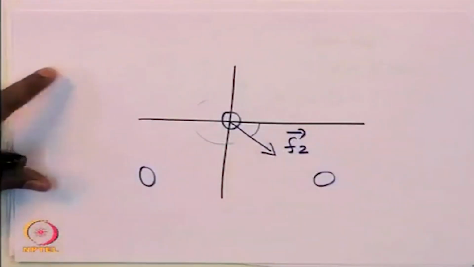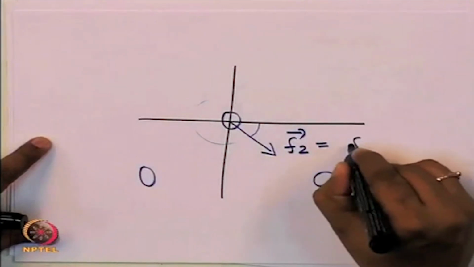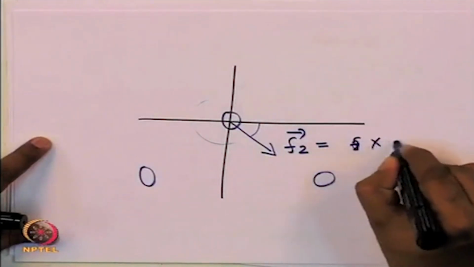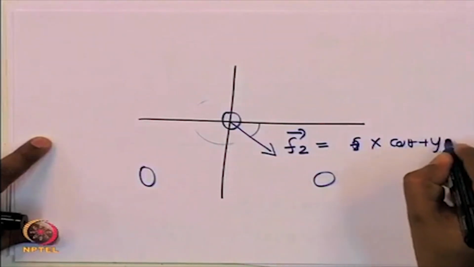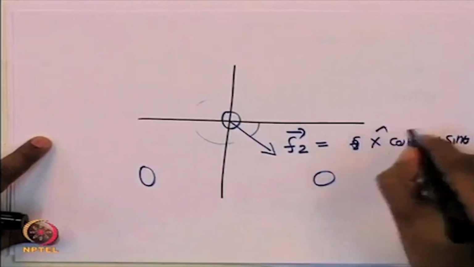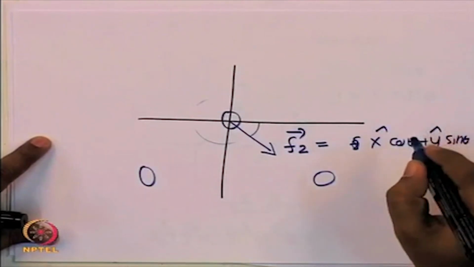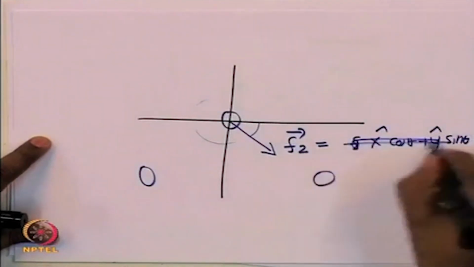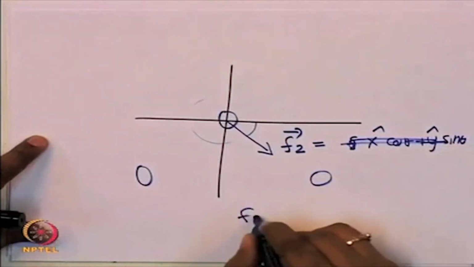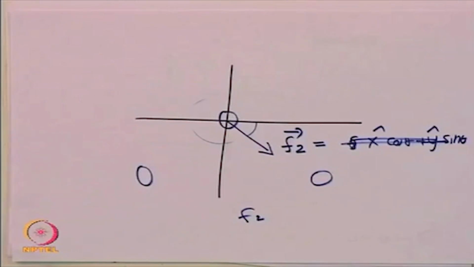So, the vector F 2, yesterday's force, can be written in terms of cos theta and sin theta. After today's lecture, you will be in a position to write this force in terms of cos thetas and sin thetas.